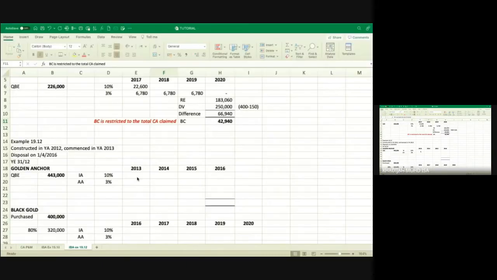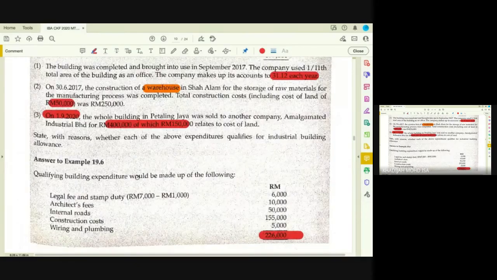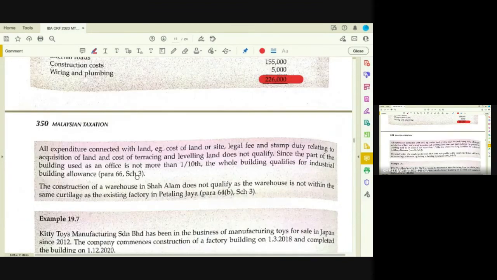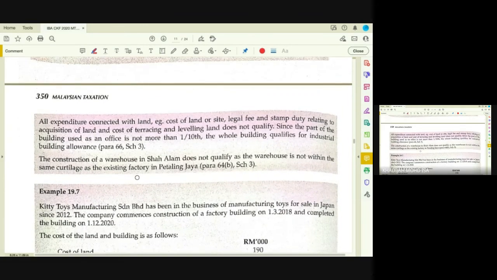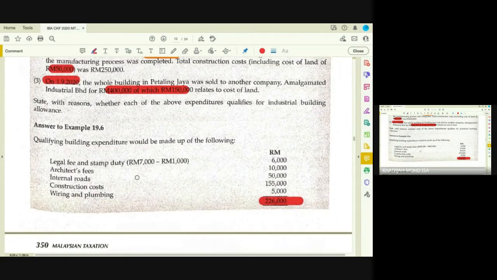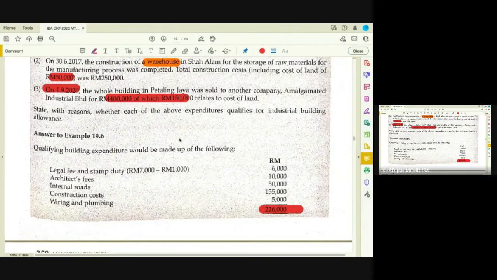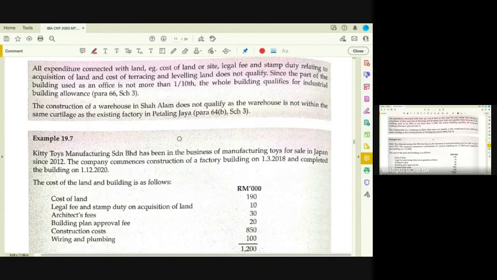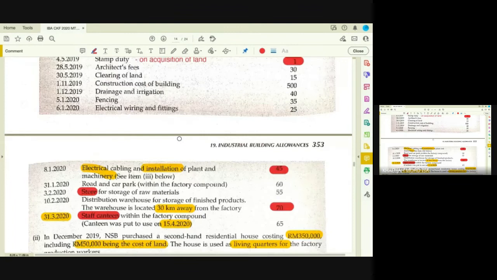Storage of raw materials, it seems not there, seems like the wrong question today. What is 226? It's correct. Or construction of warehouse does not qualify as the warehouse is not within the same curtilage as the existing factory building. Which question did I make this from? Just look at 19 point. Doesn't seem to have disposal. Okay. Look again.